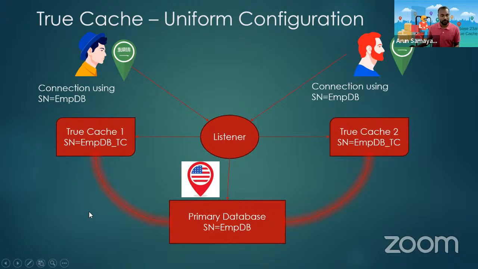If the data does not exist in the TrueCache, it will connect to the primary database and fetch whatever data is needed, improving performance. How much data to keep, all of those are parameters you can configure, and you'll need to size the TrueCache to a certain extent so that you'll be able to read all of that data.